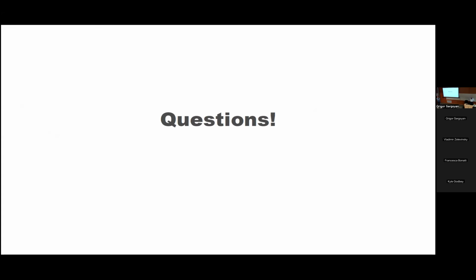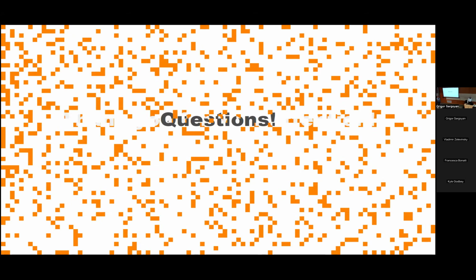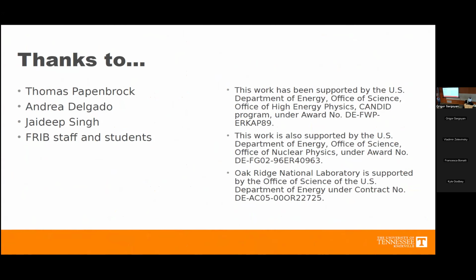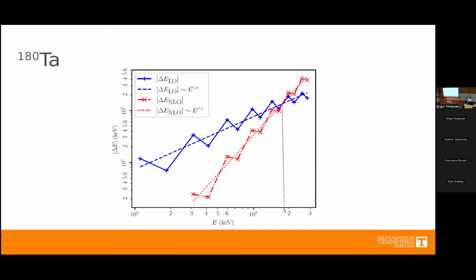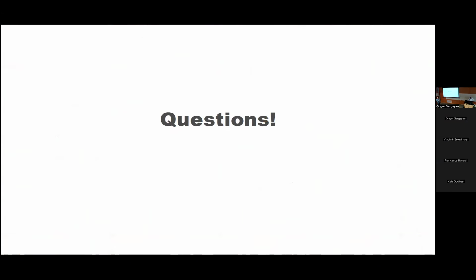So they would not have to be paired for this to work, or they don't necessarily have to be a proton and a neutron. And then maybe you could find more data in that case. That is true. Yeah, I guess that is something to look into.